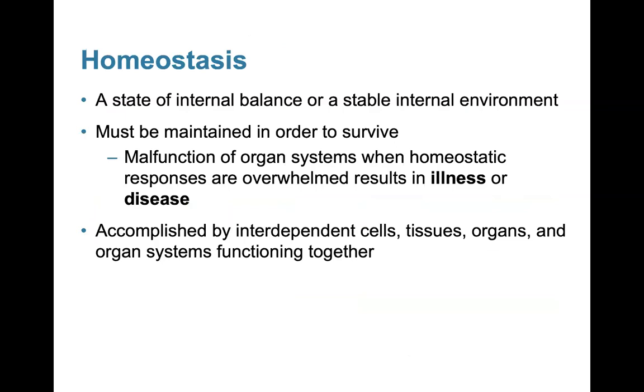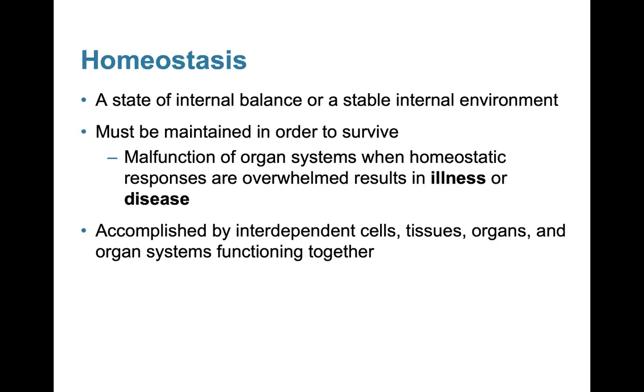Now, one phenomenon that I want to talk about is something called homeostasis. Homeostasis is a state of internal balance or stable internal environment. It must be maintained in order to survive. Malfunction of organ systems when homeostatic responses are overwhelmed will result in illness or disease.